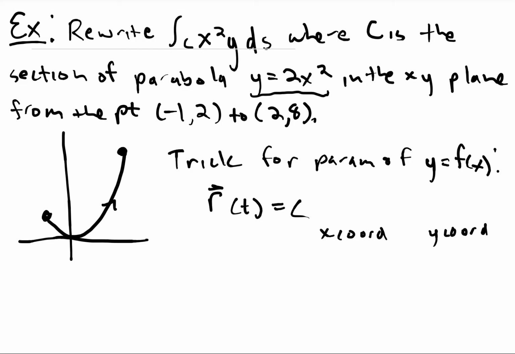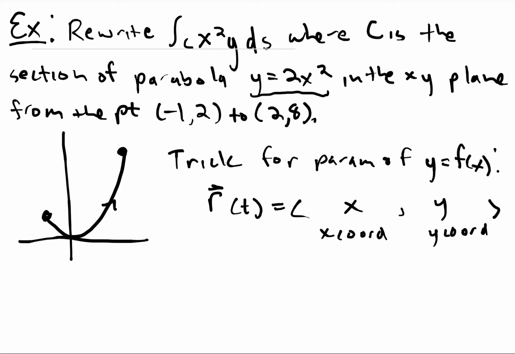So basically what I want to think of is x comma y. Now I'm doing this in terms of t, so that doesn't match up with my variables.